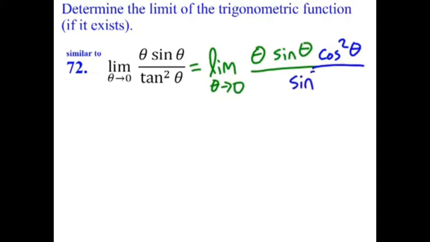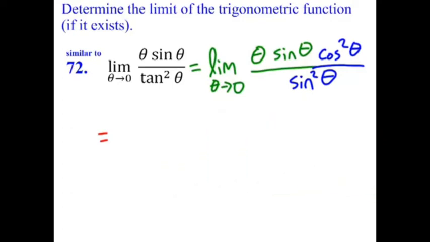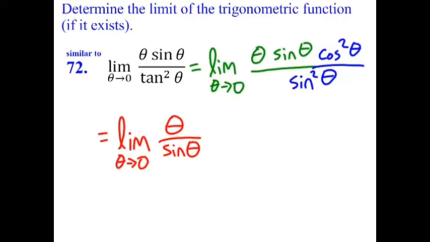Here the value of cos square theta will go to the numerator and sin square theta will remain in the denominator. Now in the next step, I will try to find the ratio theta divided by sin theta. You can see in the numerator sin theta and in the denominator sin square theta, they are getting cancelled. So what remains is limit theta tends to 0 of theta divided by sin theta multiplied by cos square theta.